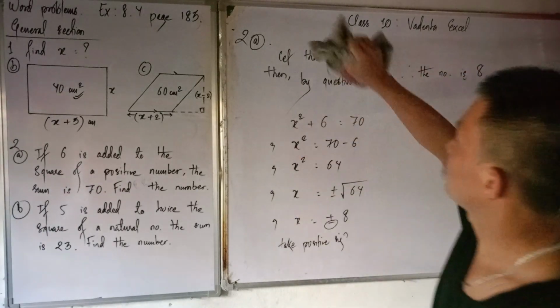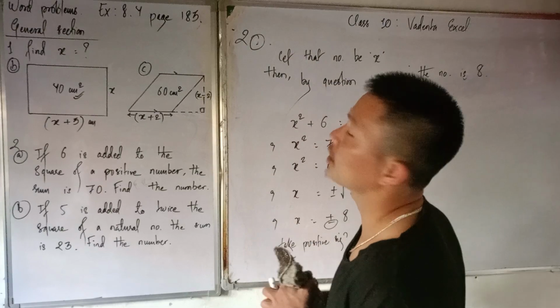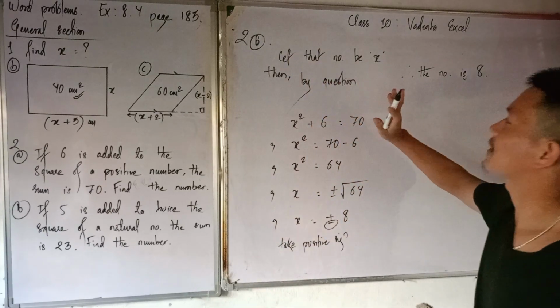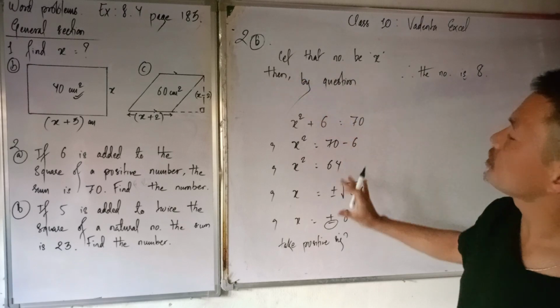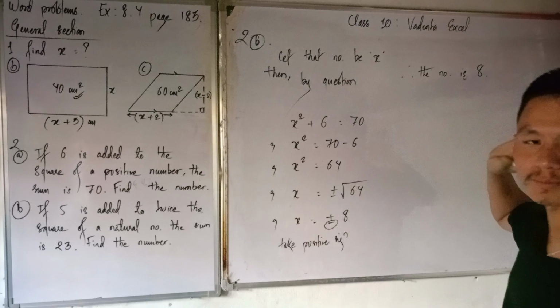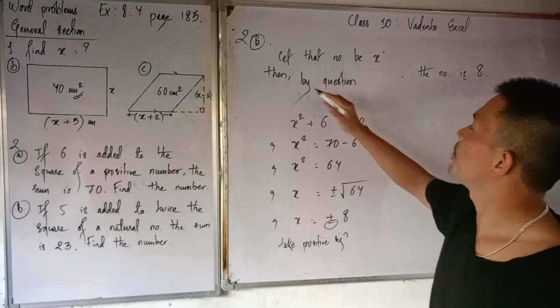Now in 2b also we consider that number x. Let that number be x. Then by equation, there will be only a few changes I will be making here, and the other process is the same.